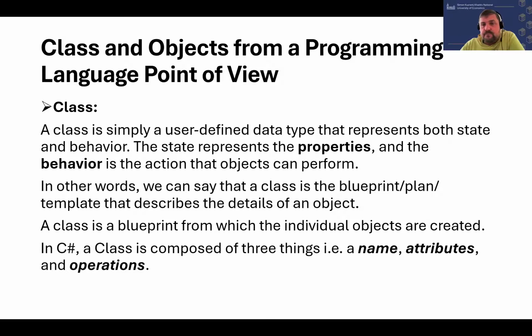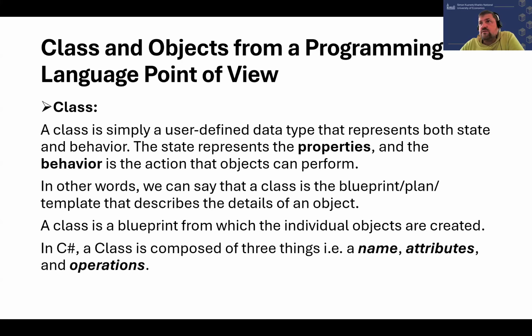Okay, let's move on to the definition of class. A class is simply a user-defined data type. It's like a data type that represents both state and behavior. State represents the properties, and behavior is the actions that an object can perform.